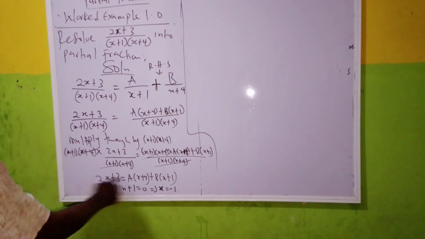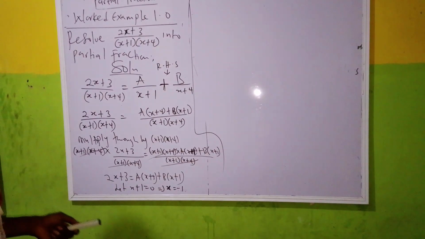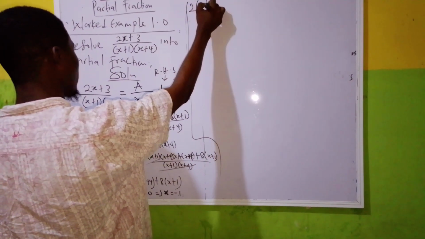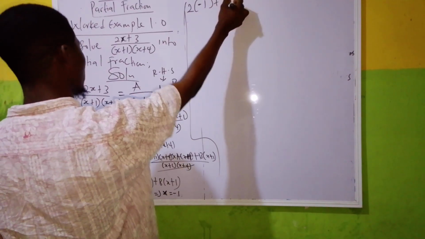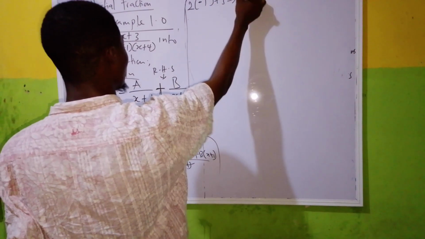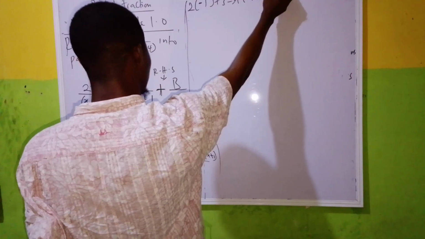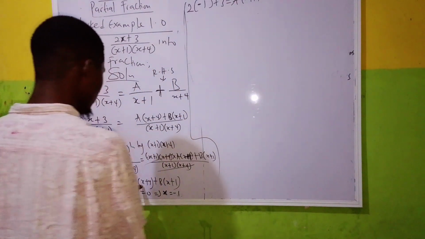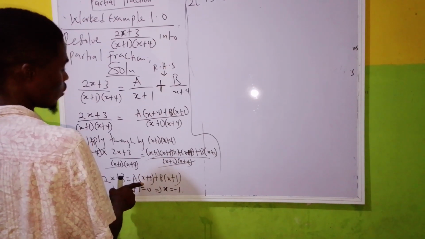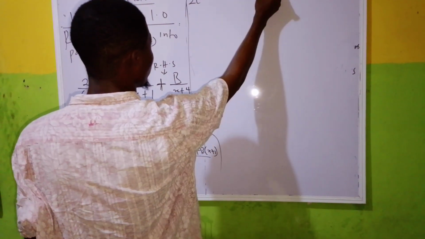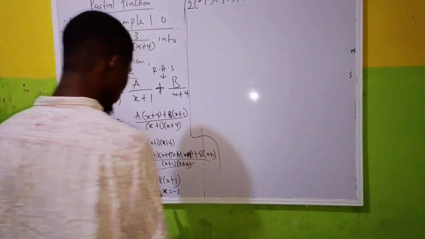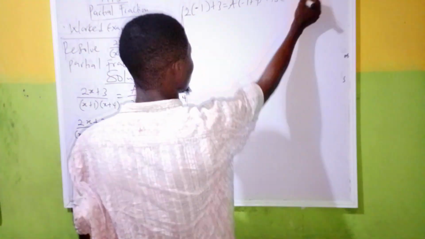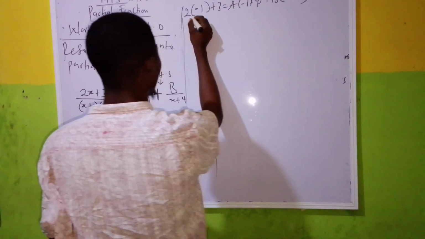So anywhere you see x here, you input minus 1. So you're having what? That's 2 into minus 1 plus 3 equals to a into minus 1 plus 4 plus b into minus 1 plus 1. Alright, this one we are having what?